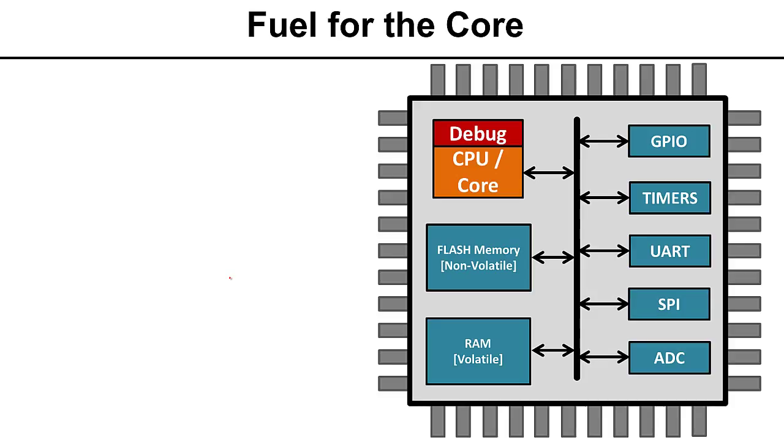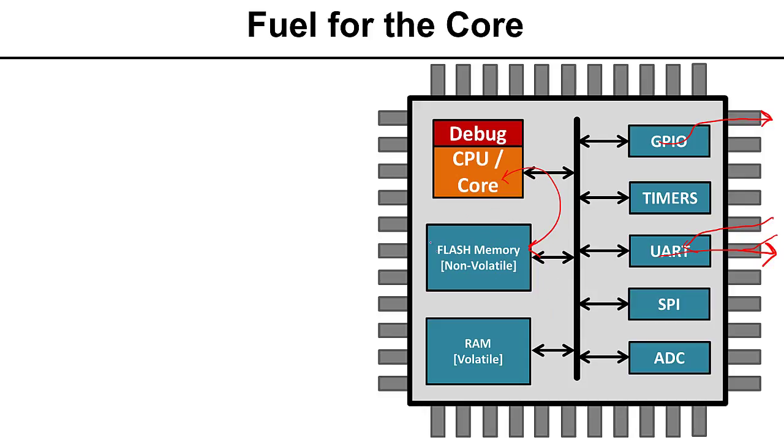So I peeled off the top, and we're going to look at this generic microcontroller again. What I want you to understand is that we have this core that executes instructions, and that's what essentially makes everything work. So to toggle GPIO, to get data out of this pin, to communicate over a serial port, we need this CPU executing instructions, getting instructions from either RAM or this flash memory.